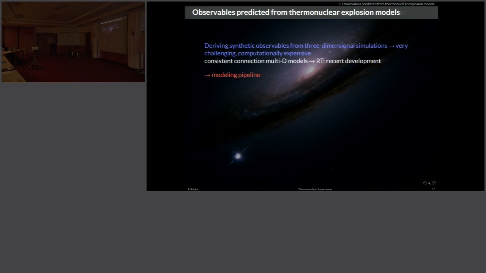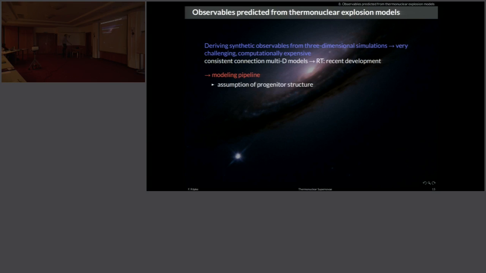But it's possible to do them, and therefore over the last maybe only 5 to 10 years, maybe 5 years only, it has really become an industry to consistently connect multidimensional models to radiation transfer calculations. The way this is done is that we have in our group set up a pipeline where we assume a progenitor structure. We talked about the uncertainties here, that we have to make an assumption of what the white dwarf that explodes looks like and how it ignites.